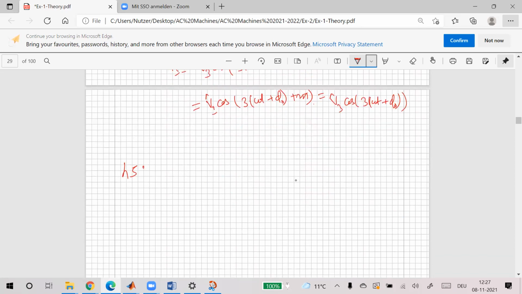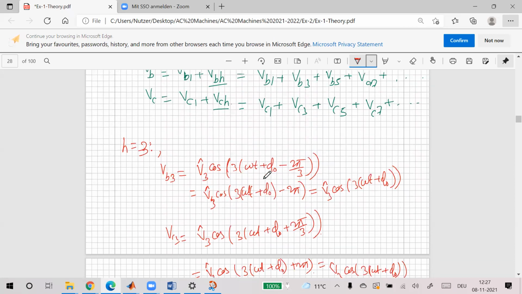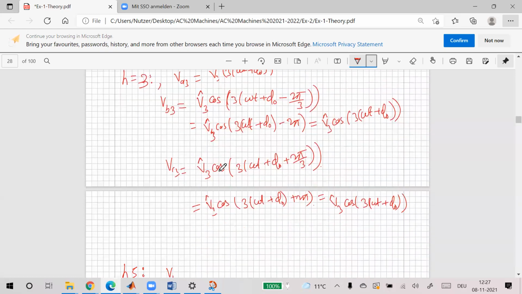So let's see fifth order harmonics. So I will just write a comment. Here VA3 is very simple. It is your 3 omega t plus phi naught. And what we see from the conclusion is that VA3 is equal to VB3 and then VC3.